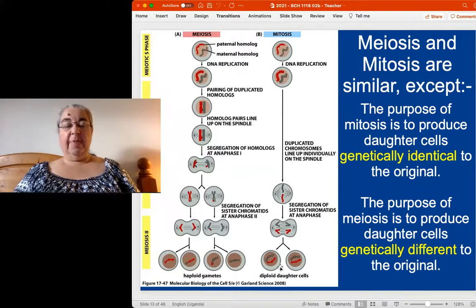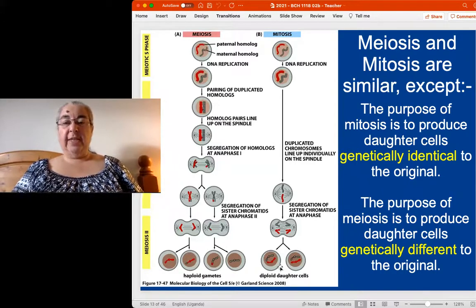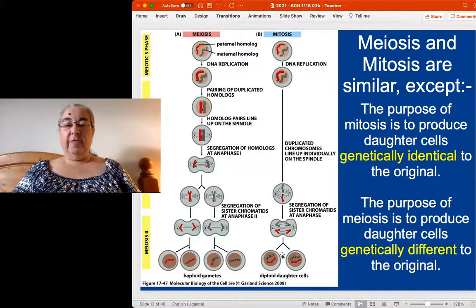And you'll remember the checkpoints in the cell cycle that make sure that cell division doesn't happen if DNA replication has not correctly happened. So these two daughter cells should be exactly the same as the parent cell.